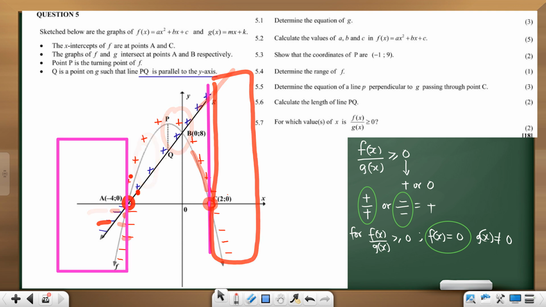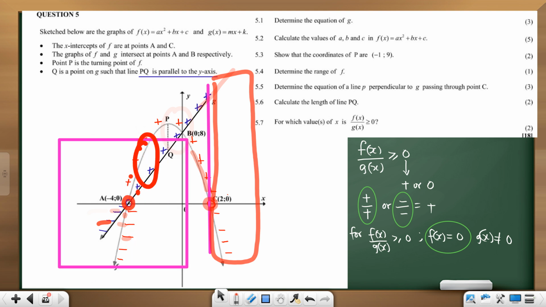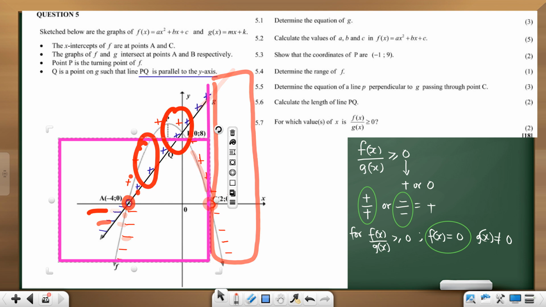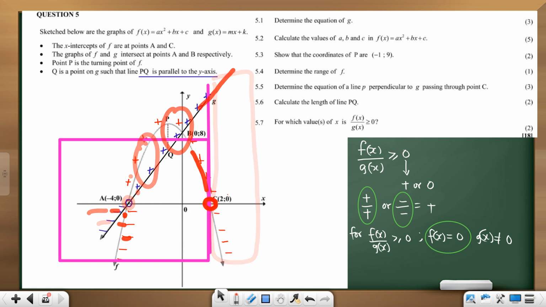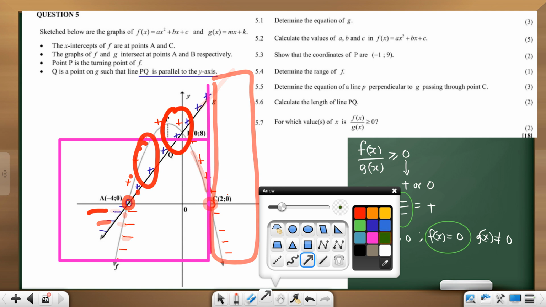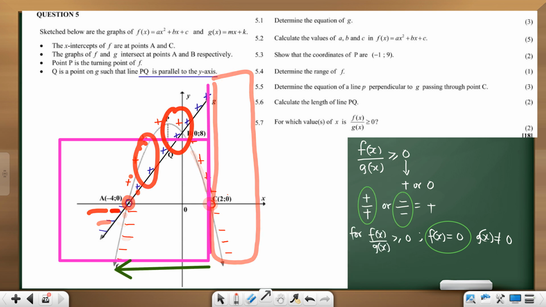So I can extend my box until point C. You would notice in the pink box, at every x value, they are either both positive or both negative, which means it's from x equals 2 down to the left-hand side.